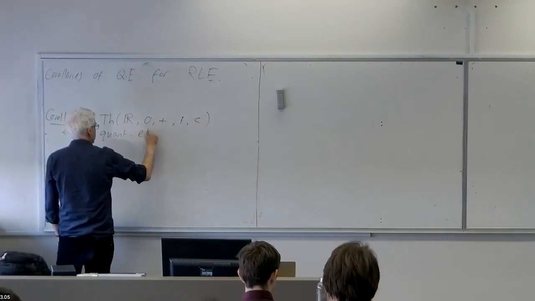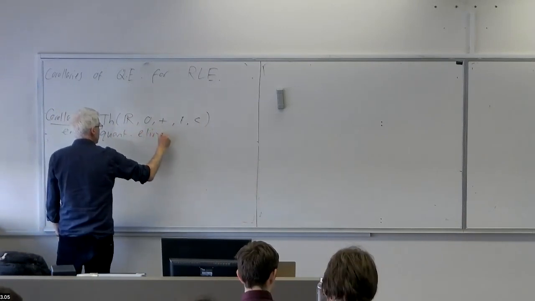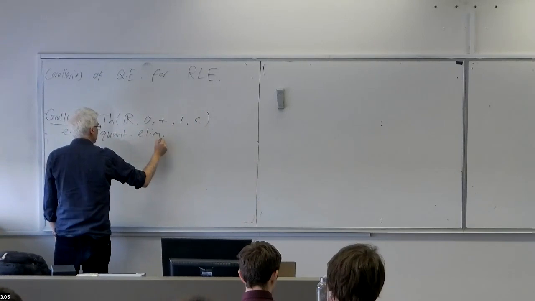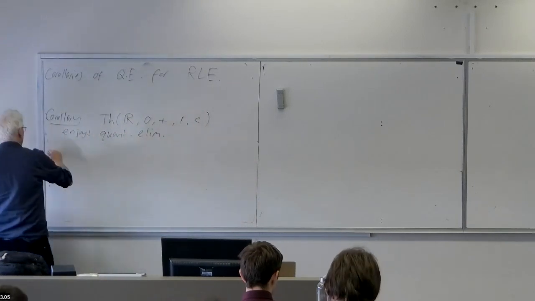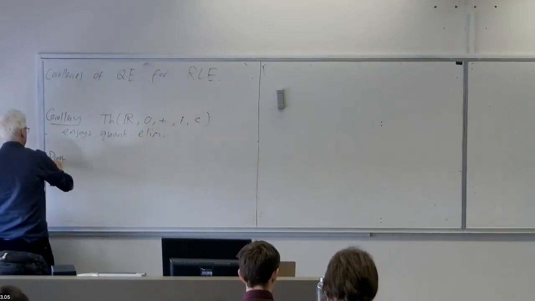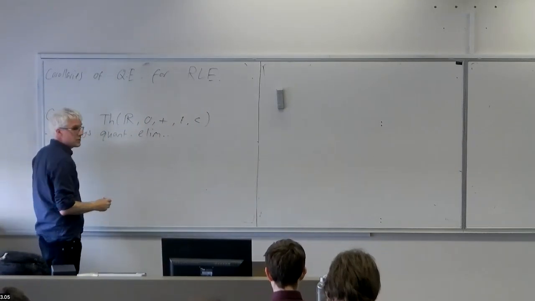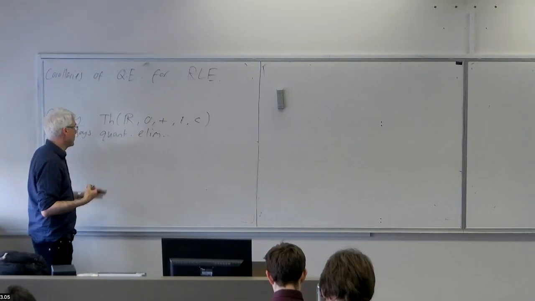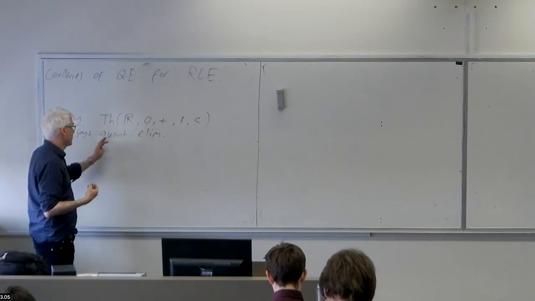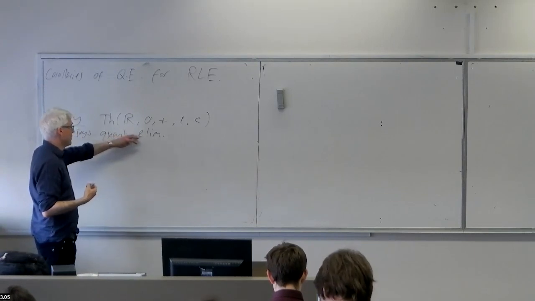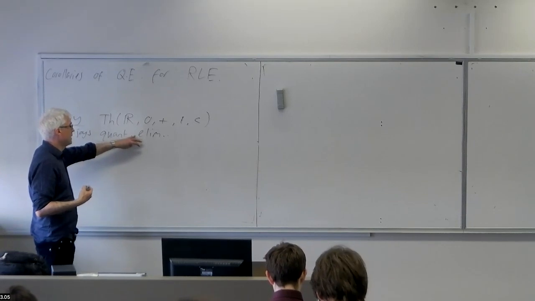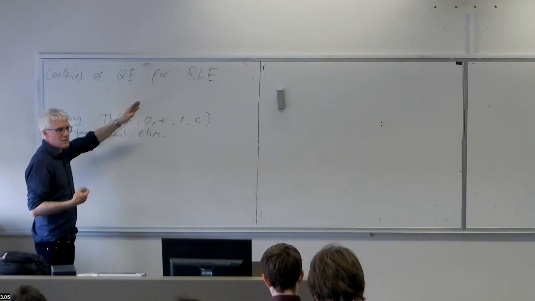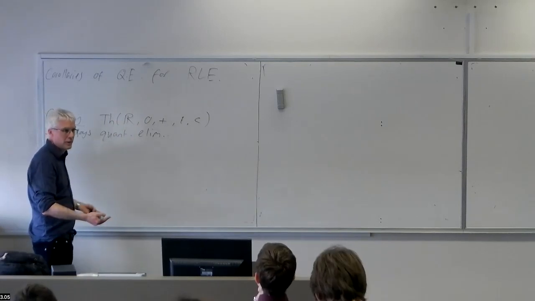The proof of this is that we want to eliminate quantifiers from this theory. Well, we eliminate quantifiers using the theory of rational linear expressions, and then we get a quantifier-free formula using rational linear expressions. So we get a formula with literals for rational linear expressions.